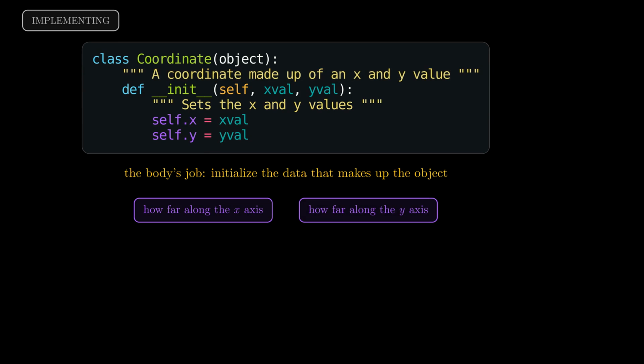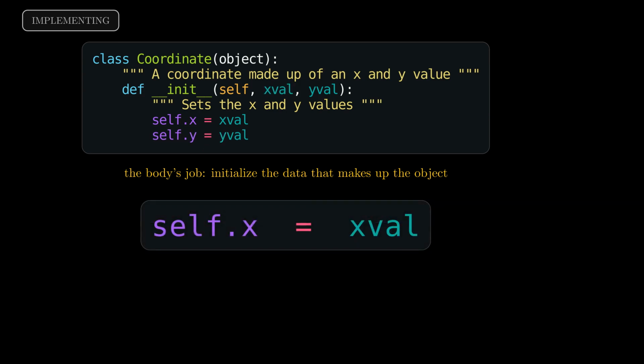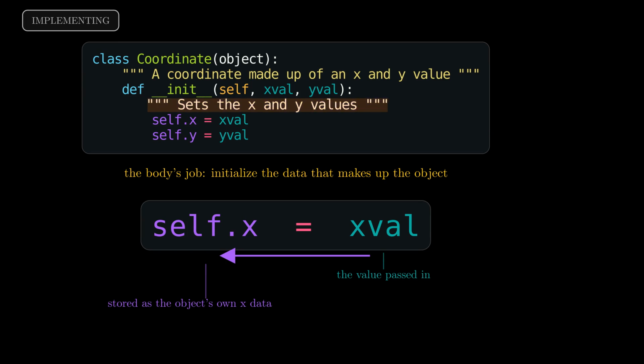So the body is 2 assignments. self.x is set to xval, and self.y is set to yval. Read the first one right to left. Take the value that came in as xval and store it as the x data of the object being built. A short docstring records the job in plain English: sets the x and y values.